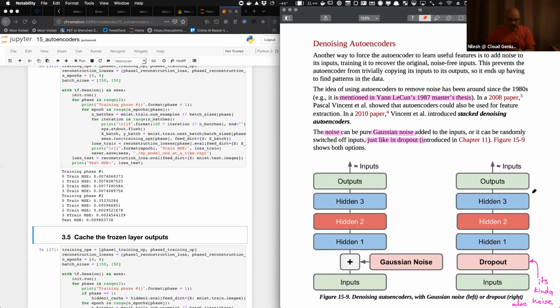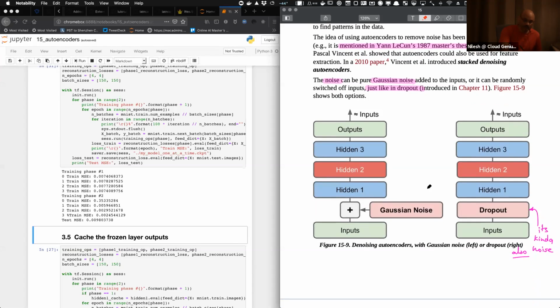What we are doing essentially is inserting noise and forcing the autoencoder to reduce it. So if you look at this image, here you get an input, you deliberately add some noise and force this output to match the input.